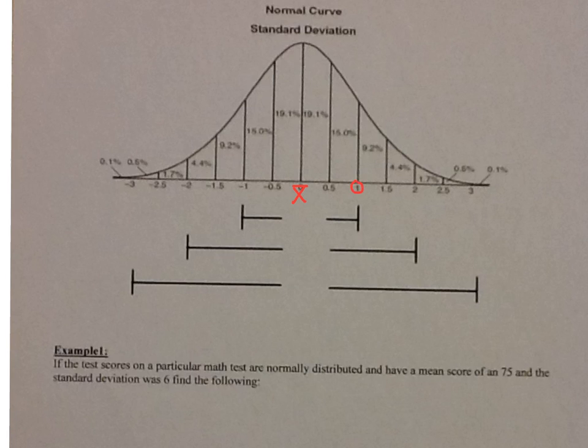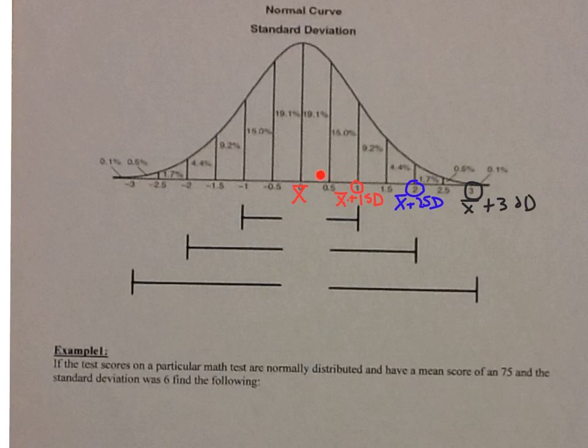So this number that would go here, the 1, that would be your mean plus 1 standard deviation. So obviously between this number here would be your mean plus a half a standard deviation, but I'm not going to label all of them. This number that goes here is your mean plus 2 standard deviations. And the last one would be your mean plus 3 standard deviations.